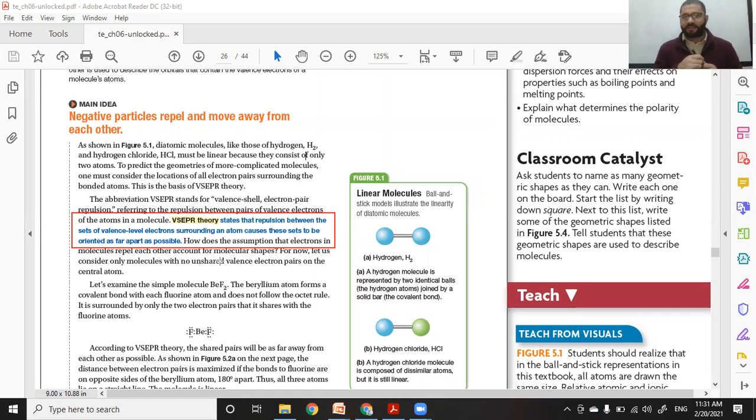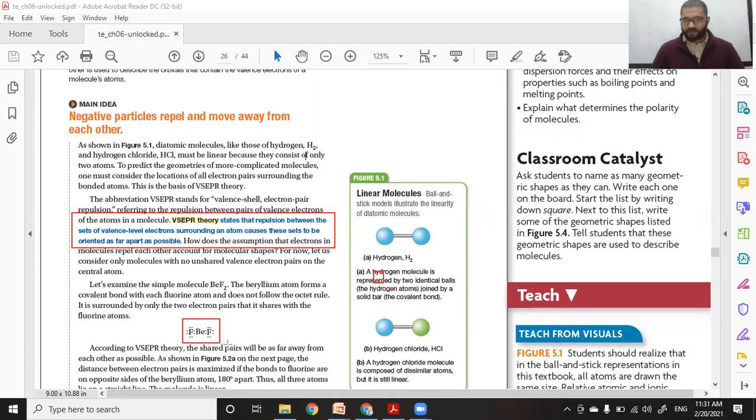If we take the example of BeF2, beryllium fluoride, this beryllium fluoride forms a covalent bond with each fluorine. If you look over here, you can see that beryllium makes a covalent bond with two fluorine.